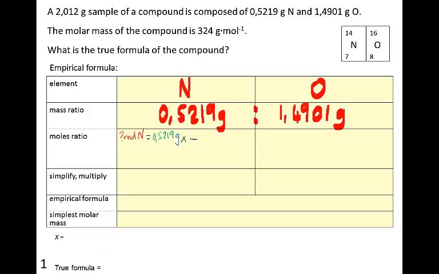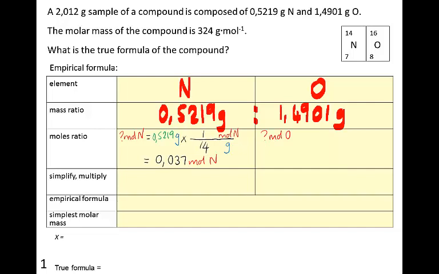We use the molar mass of nitrogen as our conversion factor, making sure that grams are at the bottom and moles of nitrogen are at the top. We know from the periodic table that 1 mole of nitrogen has a mass of 14 grams. 0.5219 divided by 14 is 0,037 mole of nitrogen.